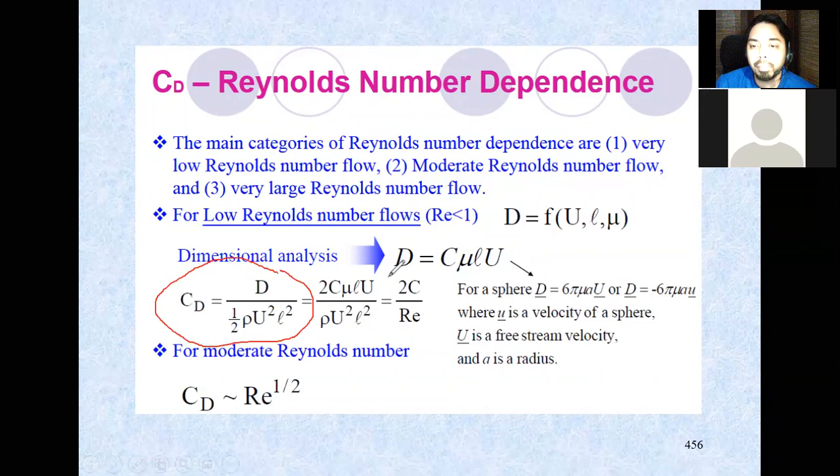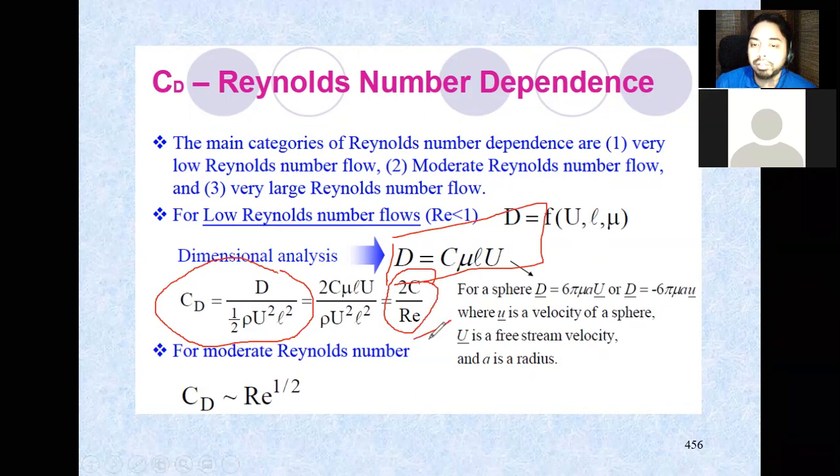If we try to simplify this, the drag force is a function of mu times L times U times a constant C, so we can say that CD is 2C divided by Reynolds number, where C is a constant.